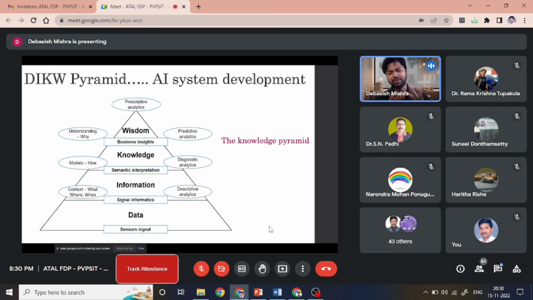When we have developed these models and the context, we could understand the what-if scenarios and do the prescriptions, which is from the digital twin perspective. So it gives the wisdom, and in that way we could diagnose the process and also have prescriptions. So it is both diagnostics and prognostics, and this is known as the knowledge pyramid.